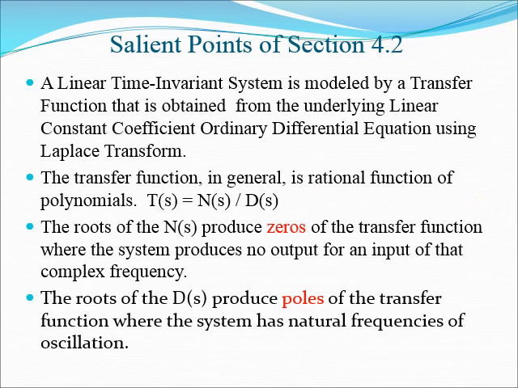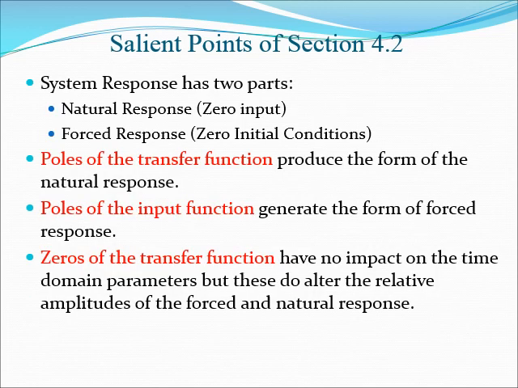Similarly, if you put D(s) equal to 0 and solve for the roots of D(s), that will produce the poles of the transfer function. The system has natural frequencies of oscillation. System response can be divided into two parts. We have natural response and we have forced response.